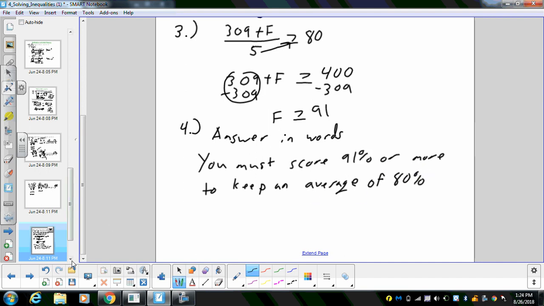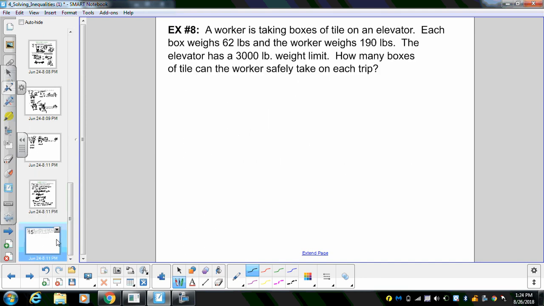All right, so let's look at the last problem. A worker is taking boxes of tile on an elevator. Each box weighs 62 pounds and the worker weighs 190 pounds. The elevator has a 3,000 pound weight limit. How many boxes of tile can the worker safely take on each trip? So one, let's identify our variables.